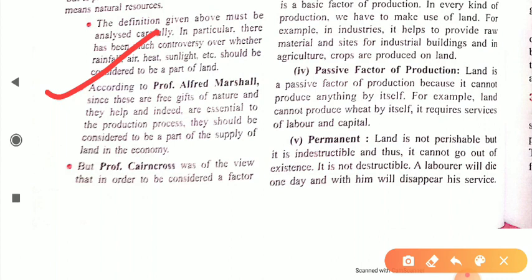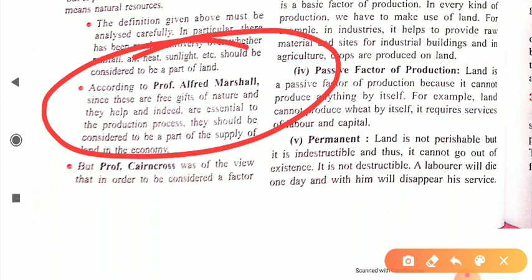So according to Alfred Marshall, whatever gift we receive from nature free of cost, all these are part of what is used in the production process. It simply represents the part of land.